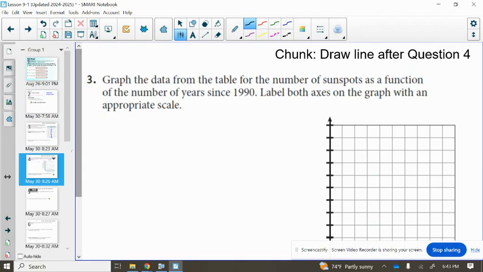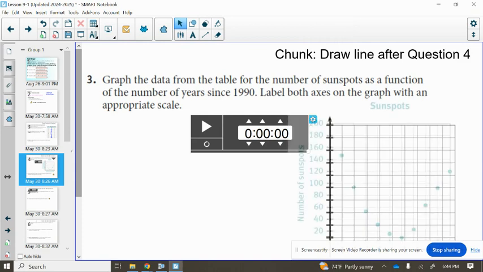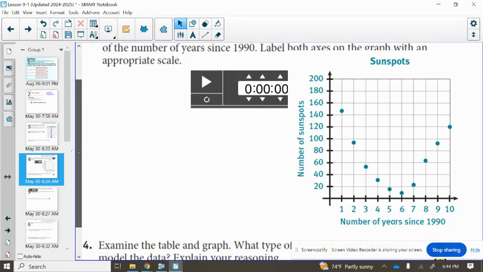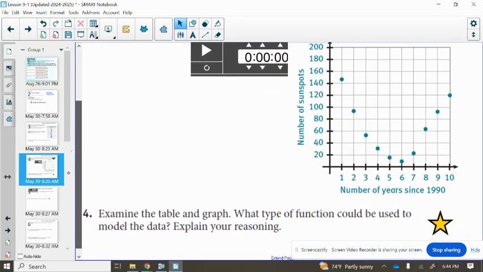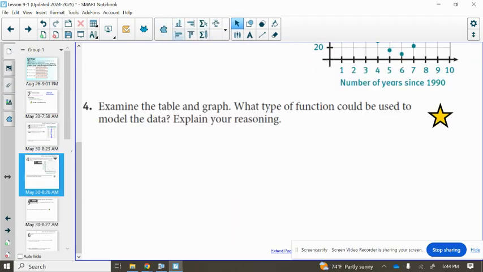Well, what we can see is this data doesn't really look like it's linear, nor does it really look like it is exponential. Instead, what it looks like is quadratic, because we see that this data set is decreasing until it kind of gets to year 6, where it starts having a little turning point down there and it starts increasing again. So what we would say is that this is best going to be represented by a quadratic.